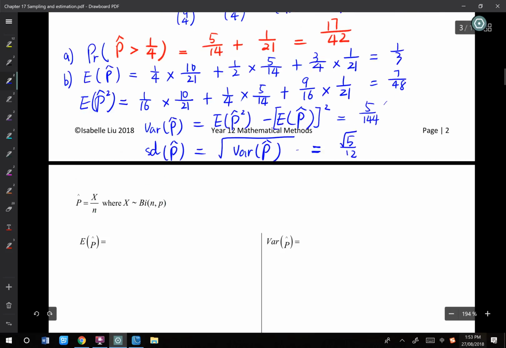So 1 over 16 times 10 over 21 plus a quarter times 5 over 14 plus 9 over 16 times 1 over 21, and I calculate that equals 7 over 48. The variance of p hat is expected p hat squared minus the square of expected p hat. So I get 7 over 48 minus 1 over 9, and I have 5 over 144. And the standard deviation is the square root of that value, which is square root 5 over 12.